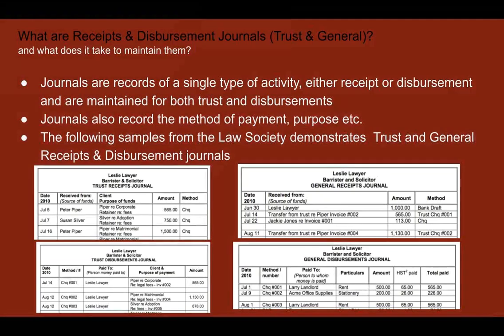So every time you have a receipt into the trust, you will have a trust receipt journal. And every time you have a trust disbursement, you will also have a trust disbursement journal.